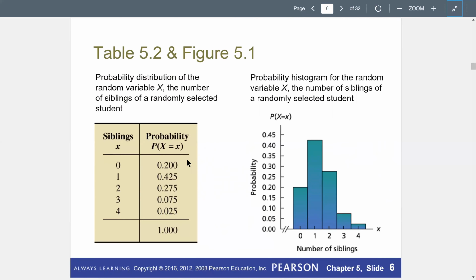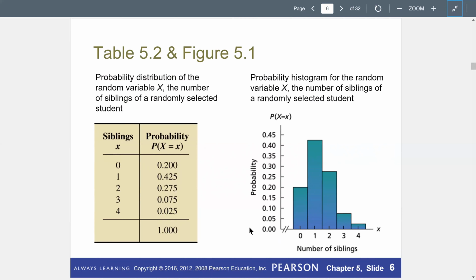Then you multiply the probability by x squared and get a fifth column. The third column is the product of x and its probability. The fourth column is x squared. The fifth column is x squared times its probability. Then you take the sum of that column.